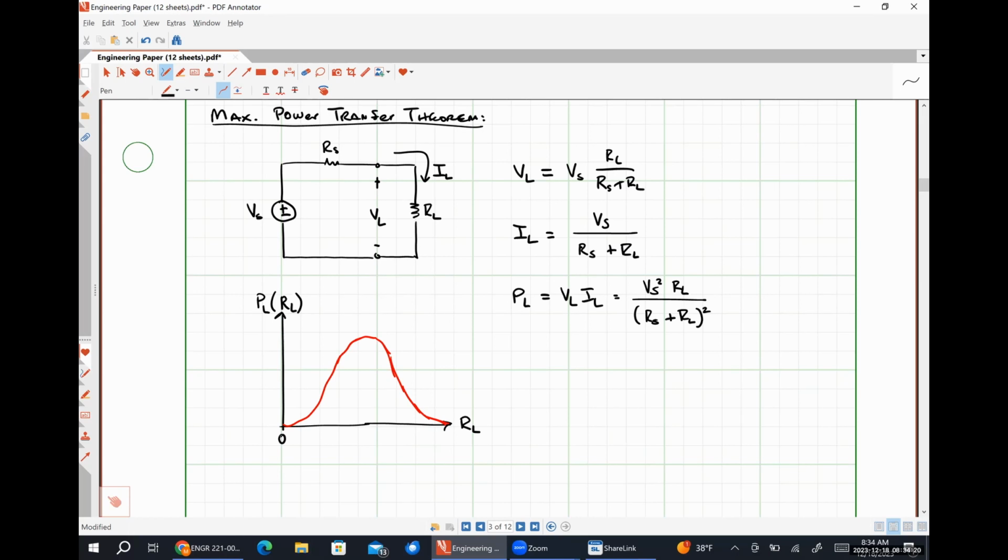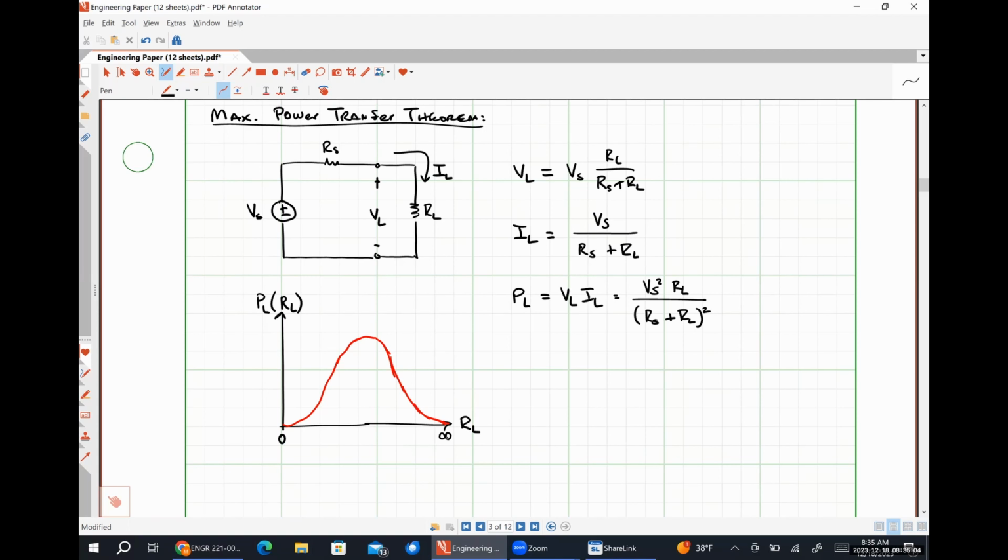If our load resistance had a value of 0 ohms, we know that it should not be absorbing any power whatsoever, because the voltage drop across it would be 0. So 0 squared divided by 0 is going to give us 0. Way over here on the right-hand side, where we're once again absorbing no power, corresponds to a load resistance of infinity. Effectively, if there's no current able to flow through our load, we shouldn't absorb any power either. And then everywhere in between those points is every possible resistor value, everything from 0 all the way out to infinity.